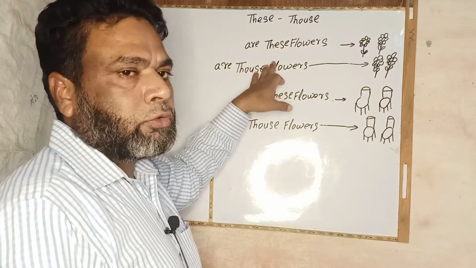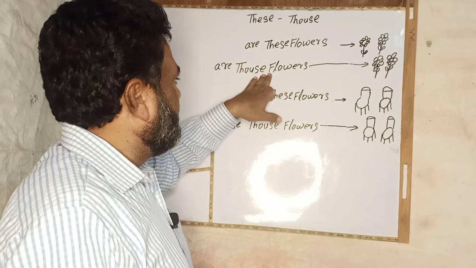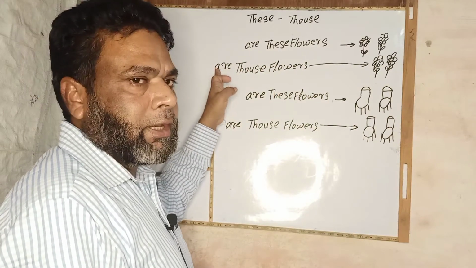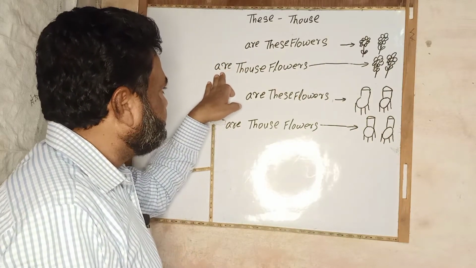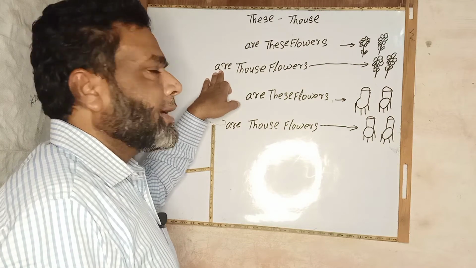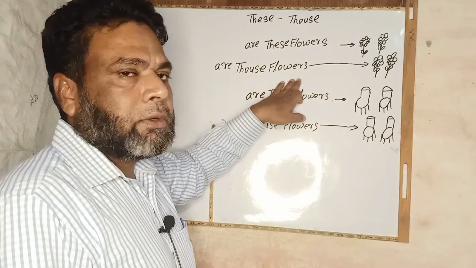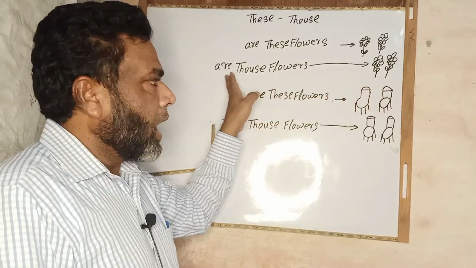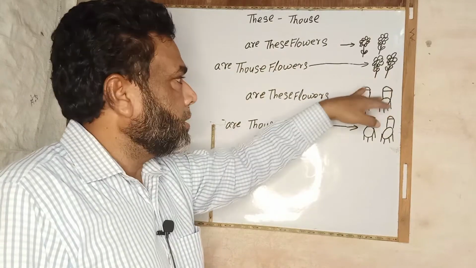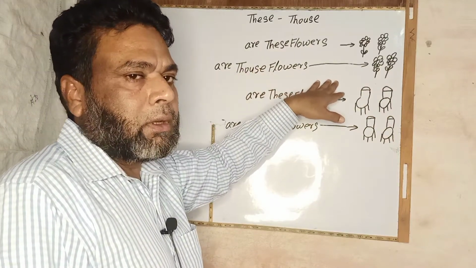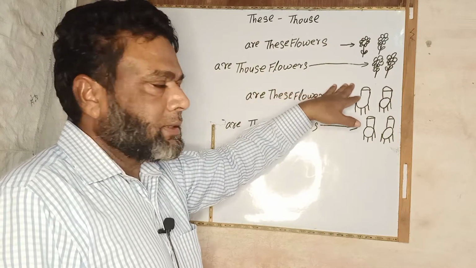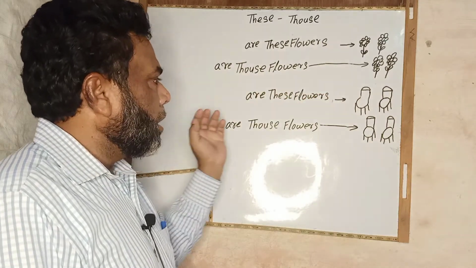And also for a question, we bring the be verb to the front of the sentence. So we use are those flowers? The answer is yes, those are.